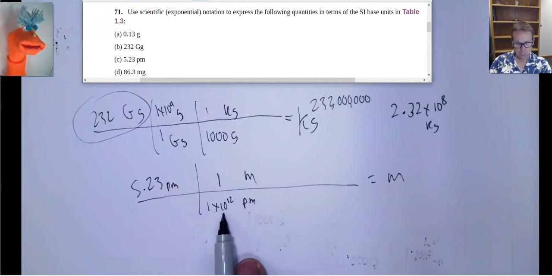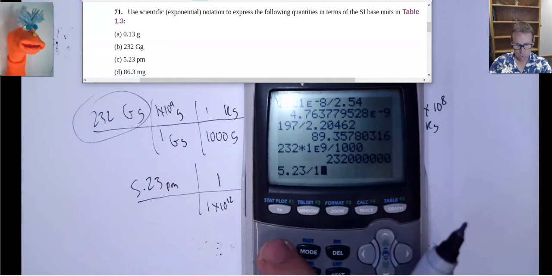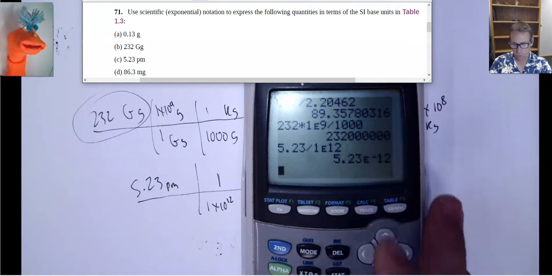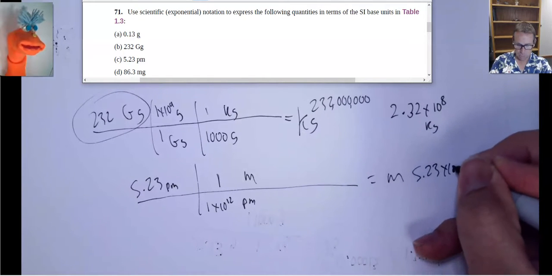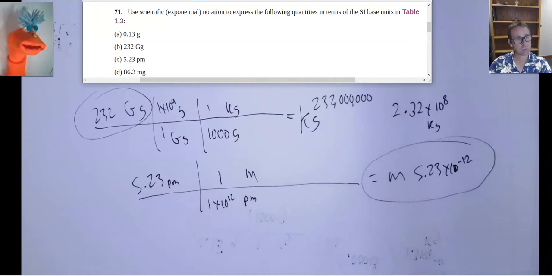So I have to divide this 5.23 by 1 times 10 to the 12th. So 5.23 times 10 to the minus 12 is the number of meters in 5.23 picometers.